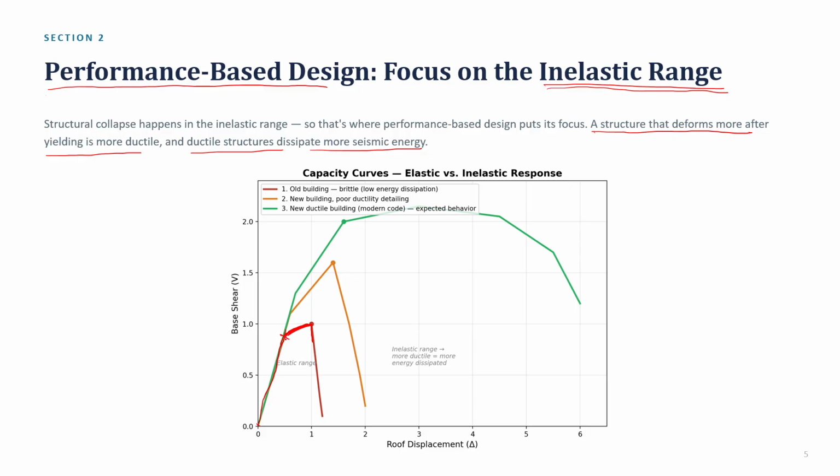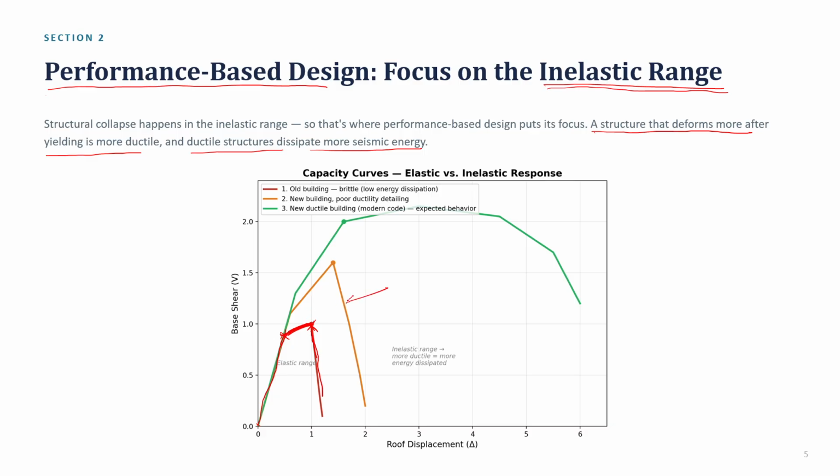Suppose this is the yield point, it does not go much beyond the yield, and it suddenly loses strength. That means the structure is brittle and fails right after yielding. So this is the yield point, and it fails here, and dissipates very little energy.